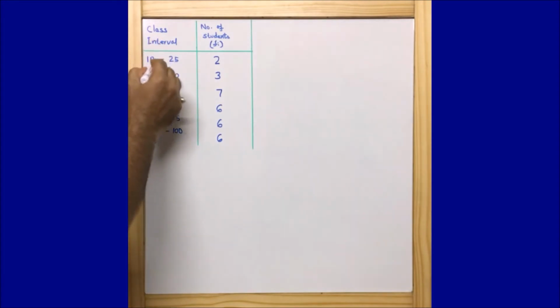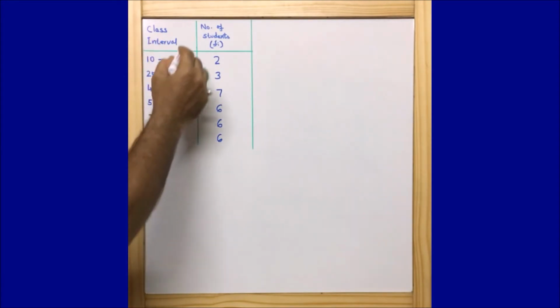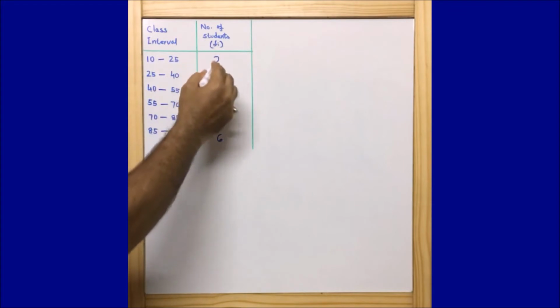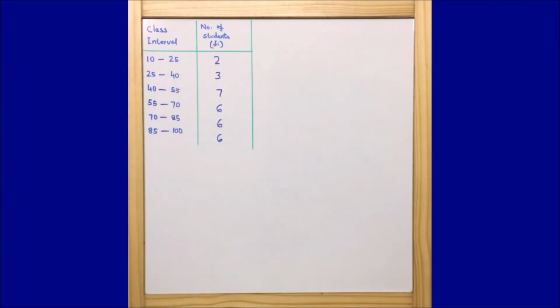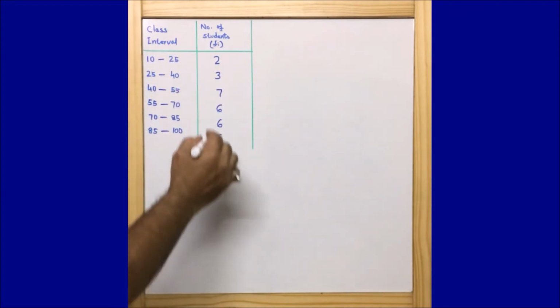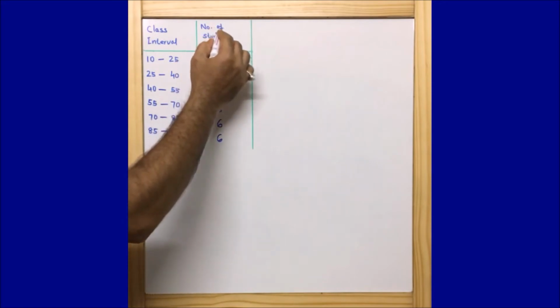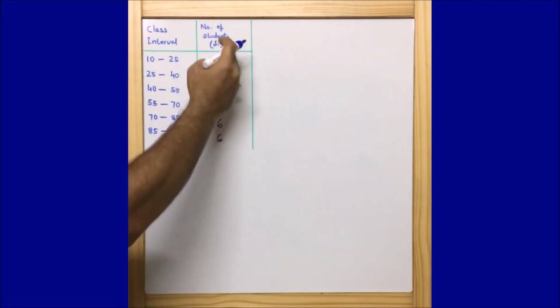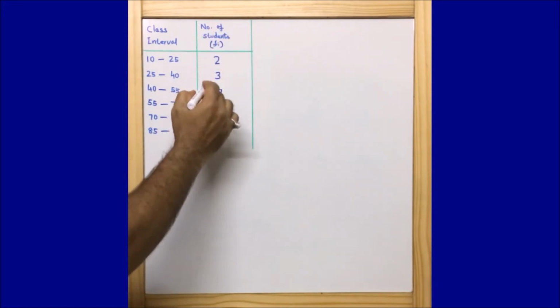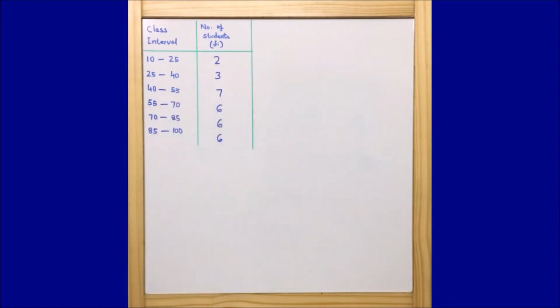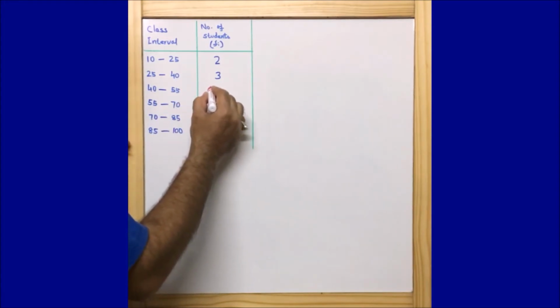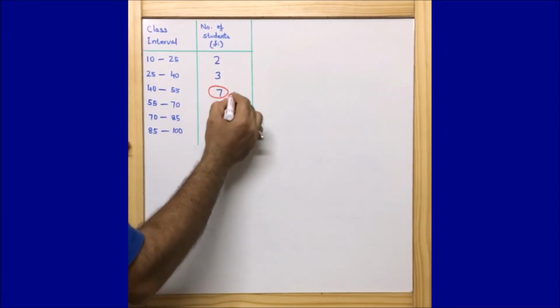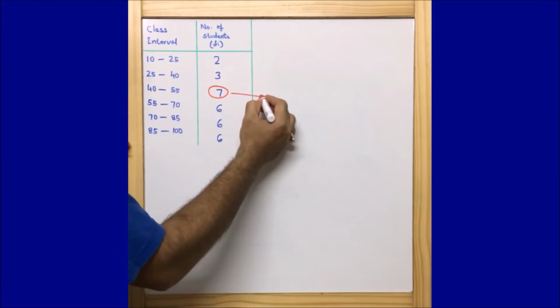You could see that they have given the class interval and the number of students. If you look at the frequency table, we could see that the maximum number of occurrences is 7 here. So this is going to be our modal frequency, or I can say Fm.